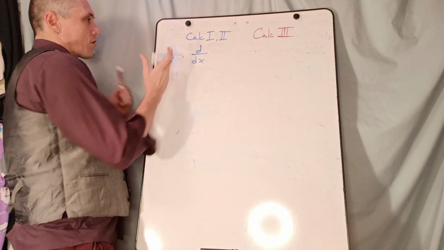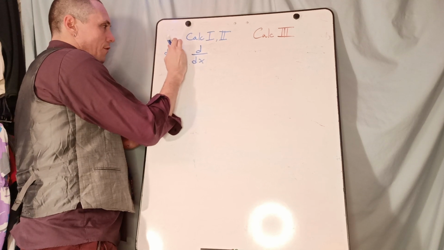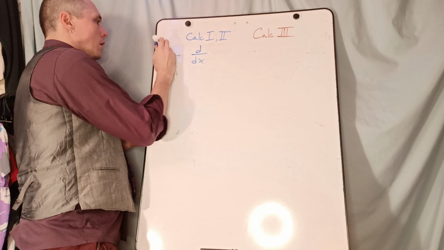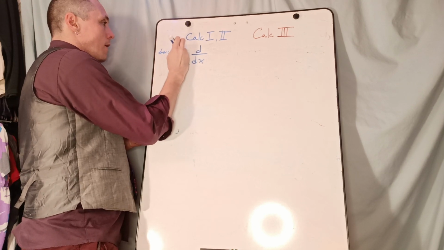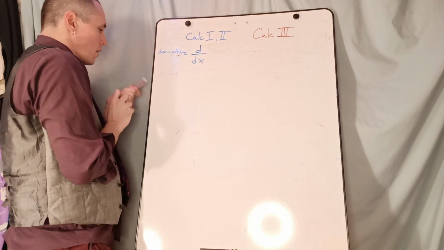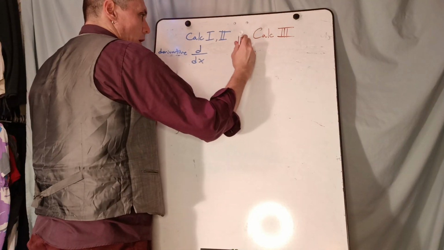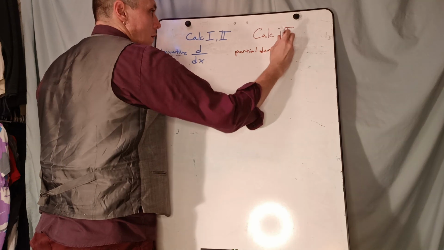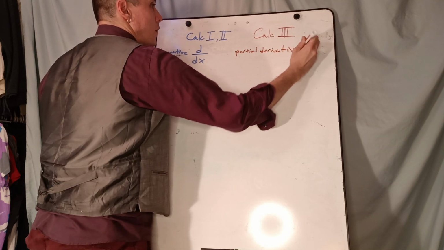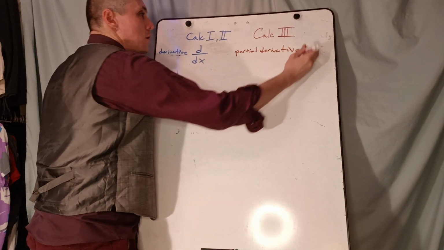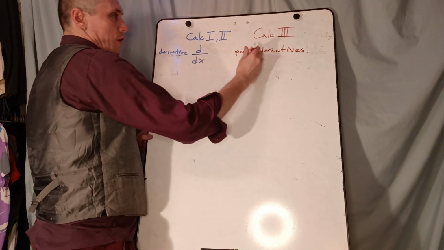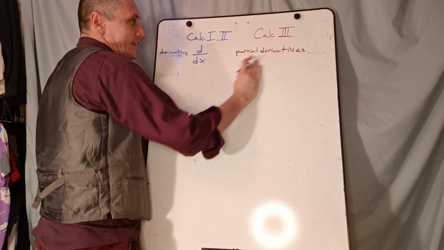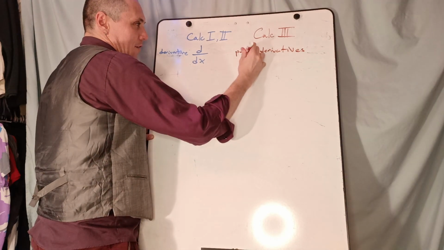So while this is the so-called derivative, in Calc 3 we become interested in the partial derivative. And these will be written with a squiggly d, instead of a regular d.